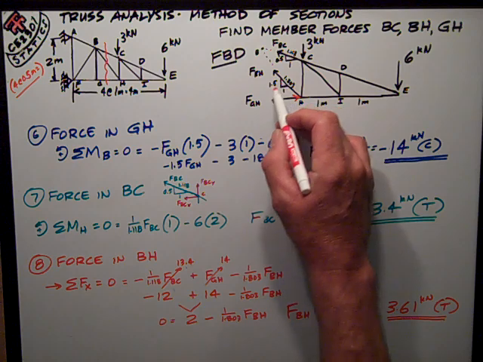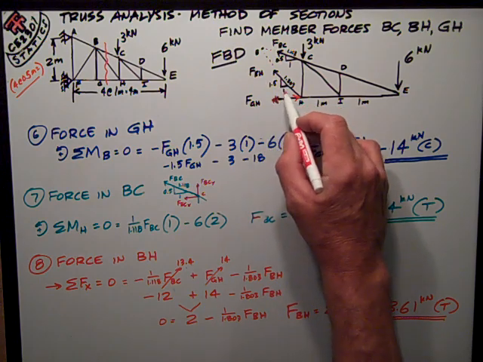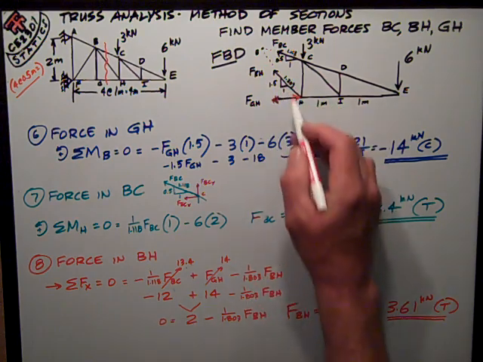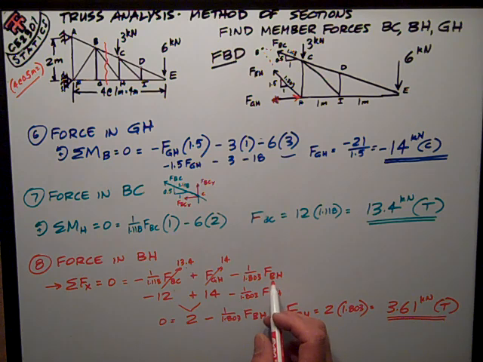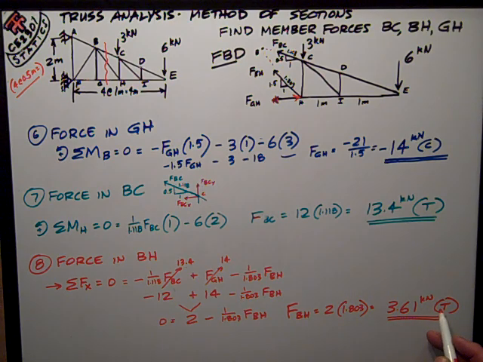The horizontal component of BH is 1 over 1.803 FBH. Do the math, negative 12 plus 14 minus that, so 2 minus that is equal to 0. Put that on the other side of the equal sign. I get FBH is equal to 2 times 1.803, 3.61 kilonewtons tension.